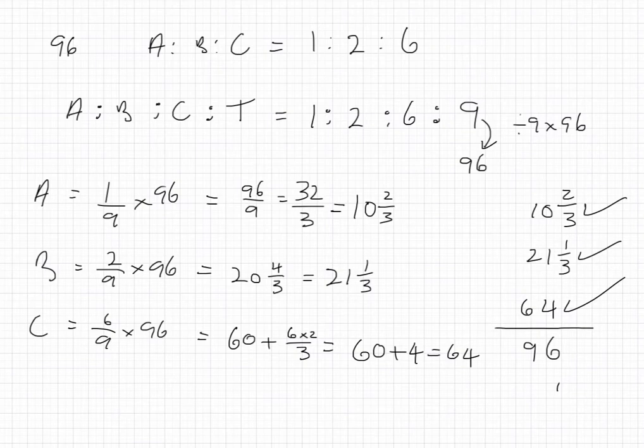Let's do another one. Suppose we've got some money divided between A, B, C in the ratio 1 to 3 to 4, and let's suppose that B gets £21. So we've now got 21 in this location.